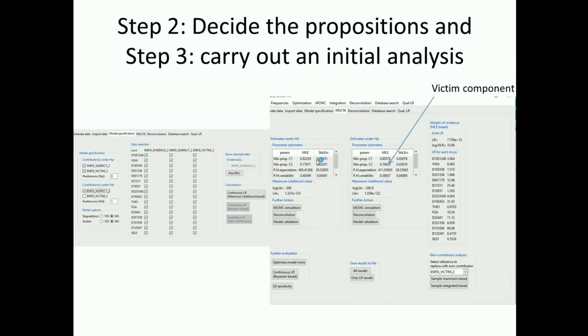Similar figures obtained under the defence hypothesis over here, and we are interested in the log likelihood over here. It's minus 306, so we'll be using this parameter to determine the best model to report. And let's note the likelihood ratio is log 10 10.89.